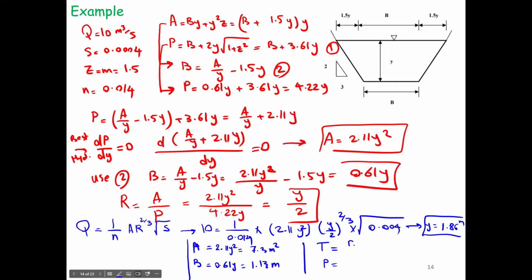For T, you have B plus 2YZ, 6.71 meter. And for R, you can just say half of Y. So that means designing area, T, P, B, and everything that I need for this one.